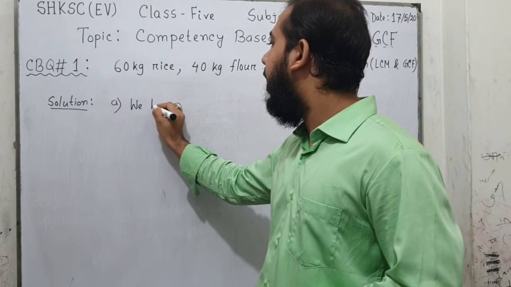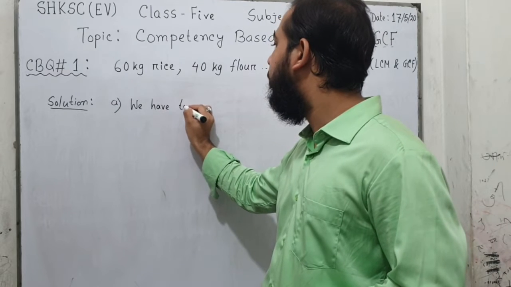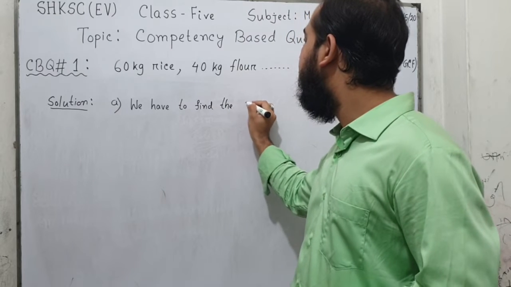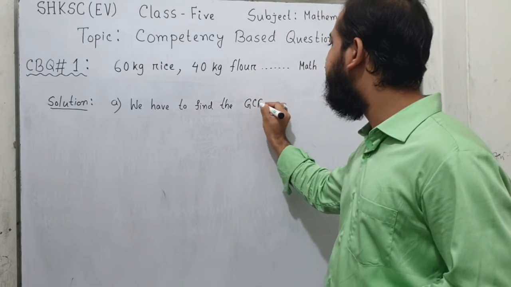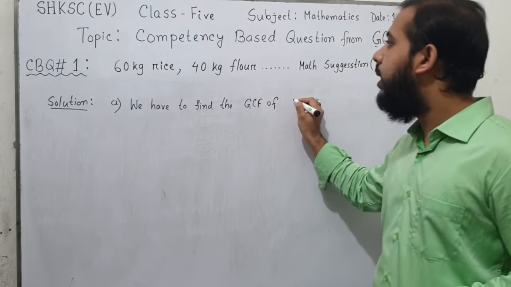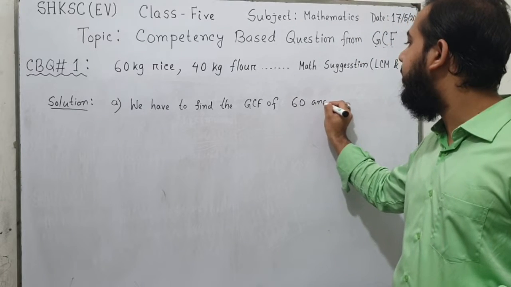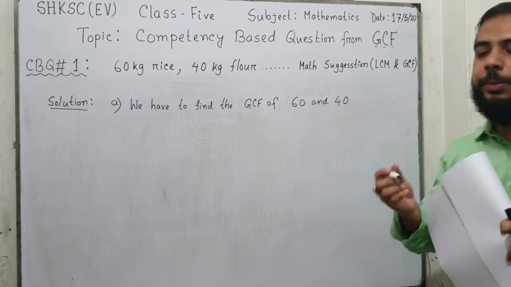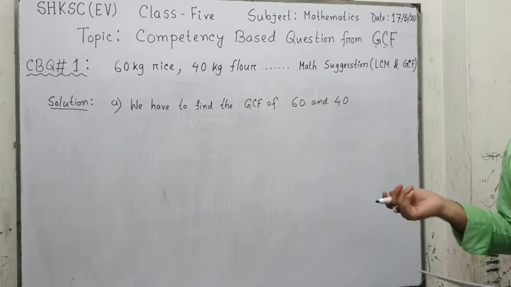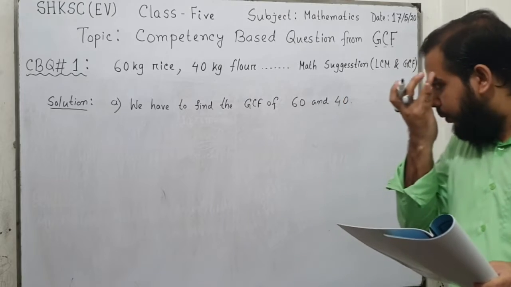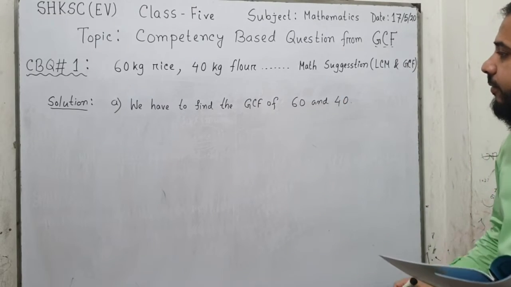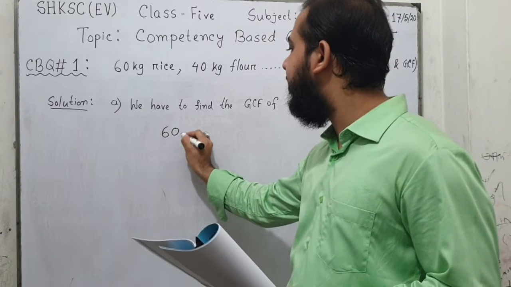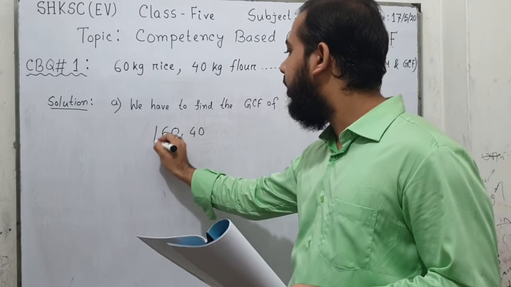So we find the GCF of 60 and 40 in part A. In class 5, you know that we do this GCF by the Euclid method. What is the Euclid method? 60 and 40.